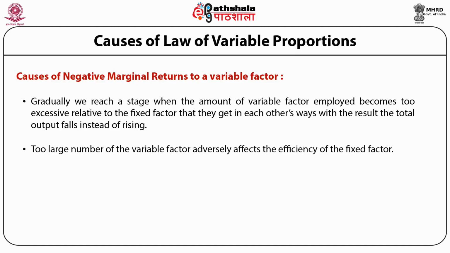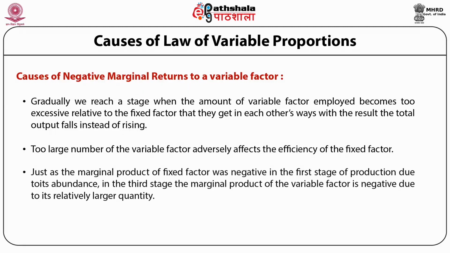Too large a number of the variable factor adversely affects the efficiency of the fixed factor, just as the marginal product of fixed factor was negative in the first stage of production due to its abundance. In the third stage, the marginal product of the variable factor is negative due to its relatively larger quantity.